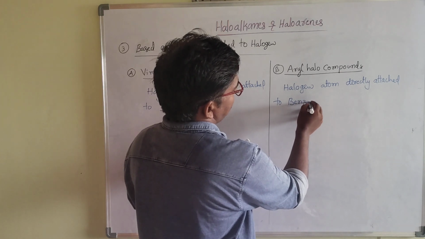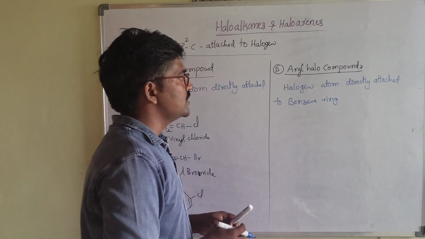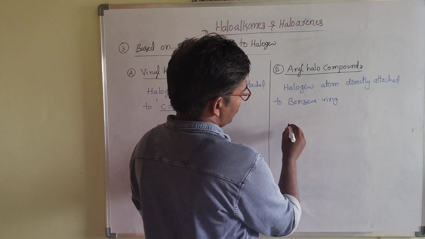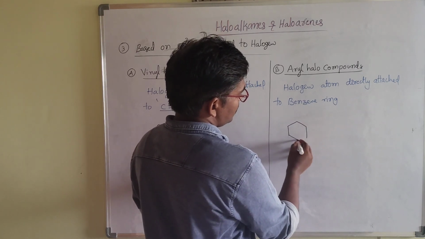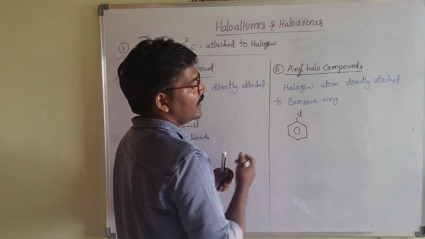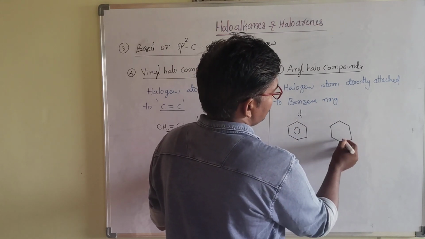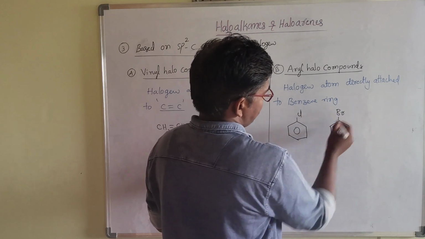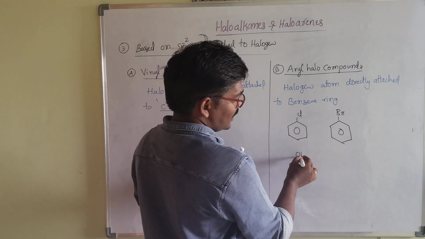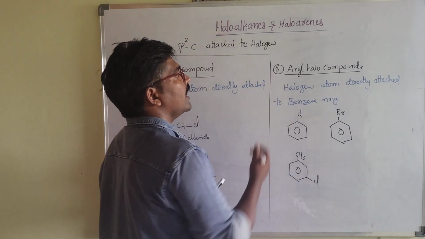That is an aryl halo compound. For example, benzene is there like this, directly attached to chlorine, then we call it chlorobenzene. Chlorobenzene is an aryl halo compound. Then bromobenzene. Then in case benzene already has CH3 like this, and it is attached to chlorine, of course it is an aryl halo compound.